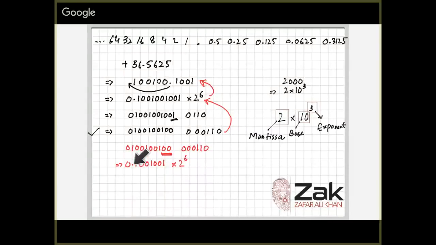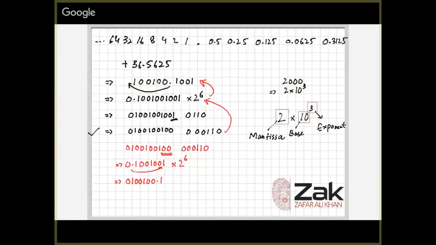So how would we resolve it? By moving the point 6 positions towards the right. So 6 positions towards the right would be 1, 2, 3, 4, 5, 6. Means the point will go to this particular location. So this would become 0.00100.1.